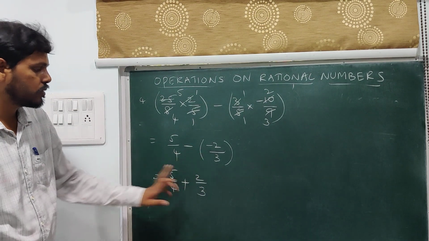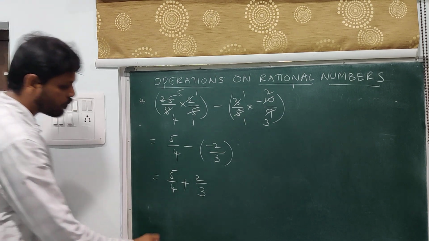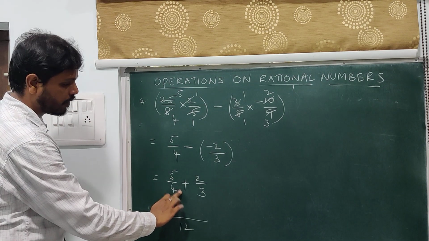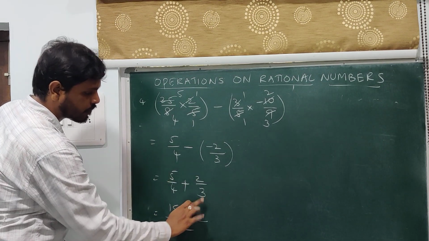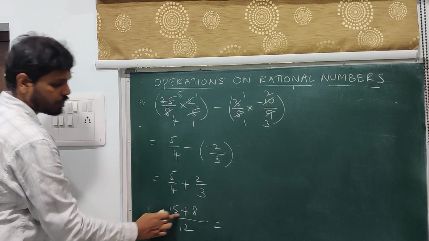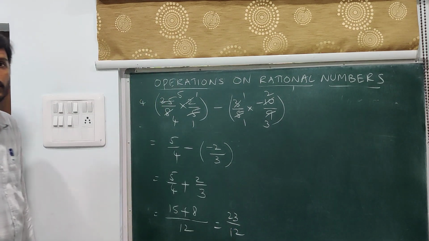Now again repeat the same process. The LCM of 4 and 3 is 12. 4 3s are 12, 5 3s are 15, 3 4s are 12, 2 4s are 8. So 15 plus 8, normal addition, 23. So this is 23 by 12.